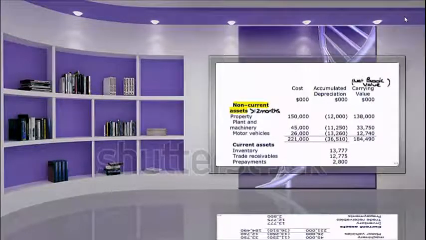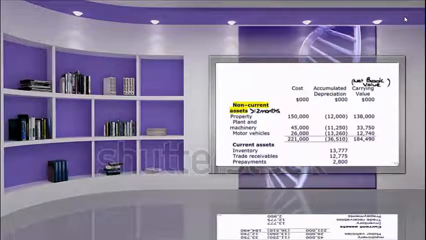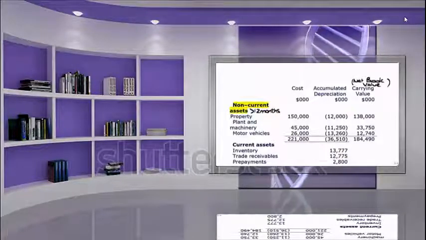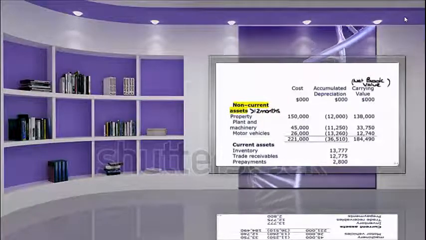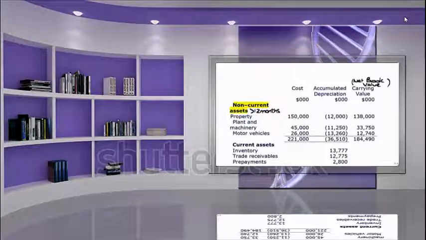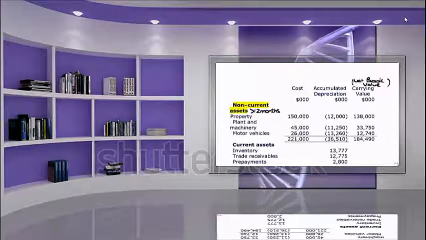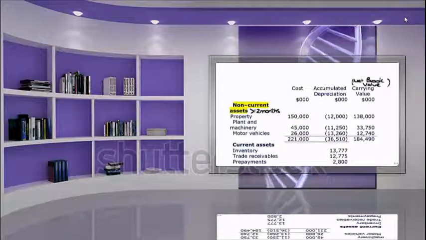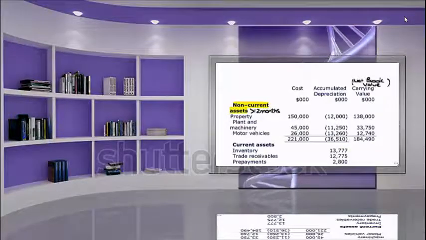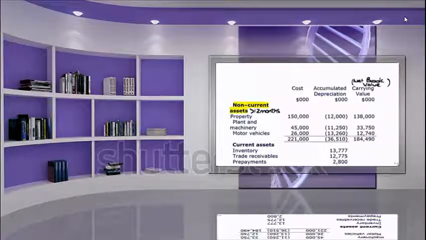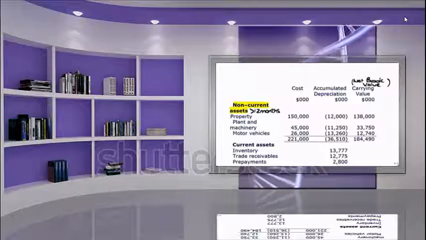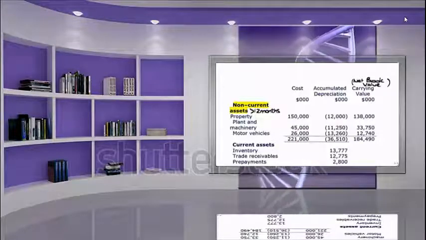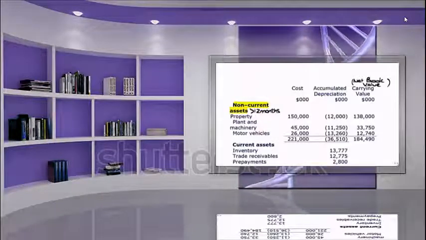Now we've got a whole section devoted to depreciation later on in our studies. So we'll have a look at this idea of depreciation later on. For the time being then, if we take the original cost of the property and minus the accumulated depreciation, that is going to give us the carrying value or net book value of that non-current asset. Remember, a long-term asset.